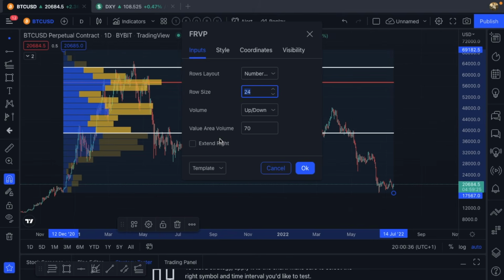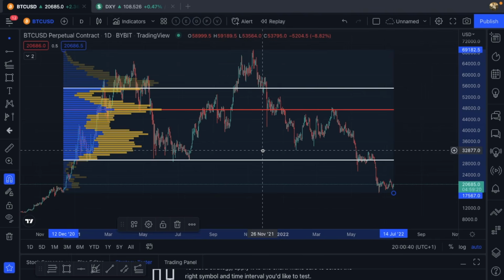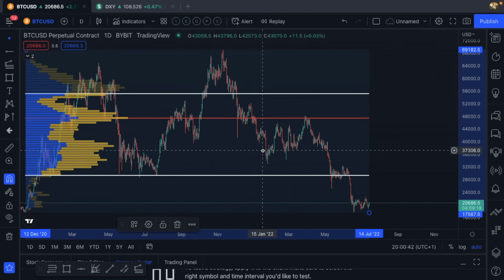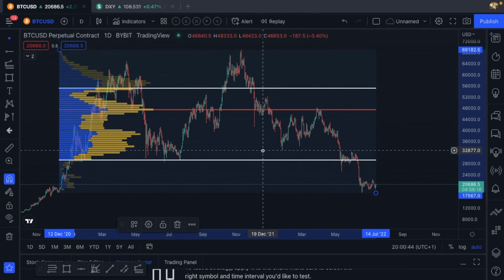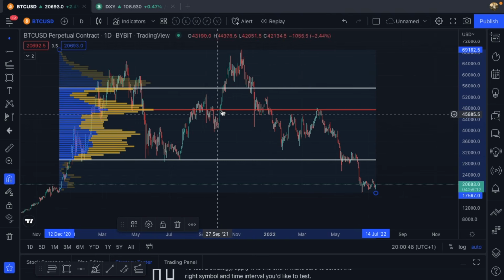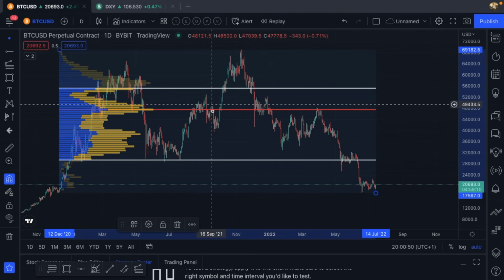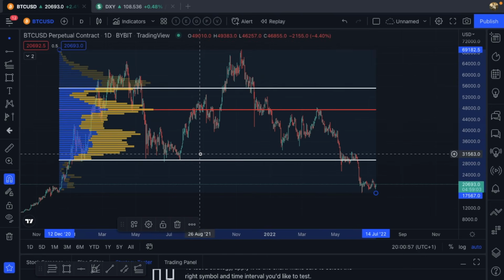For something this big, you can go up to 70, but play around with it and find something that looks like it gets good respect, because once you change these row sizes, it is going to change your points of control. You'll notice the point of control moved up, and it actually gets well respected right here. And also will move the value area slightly.